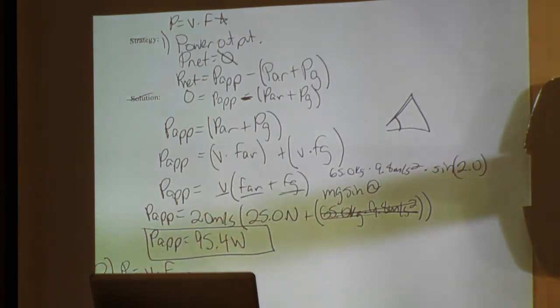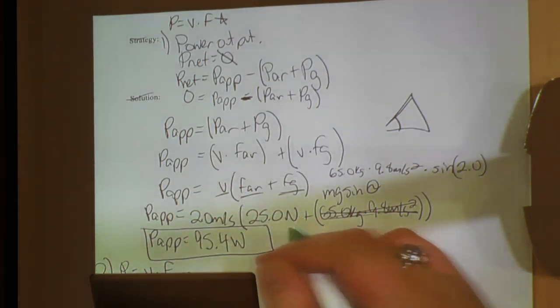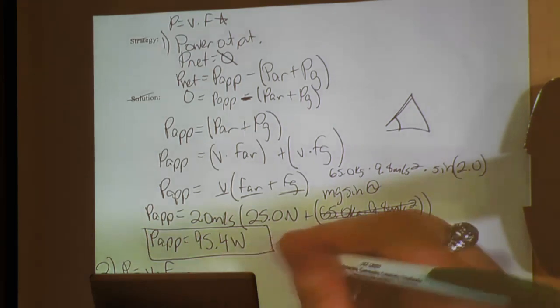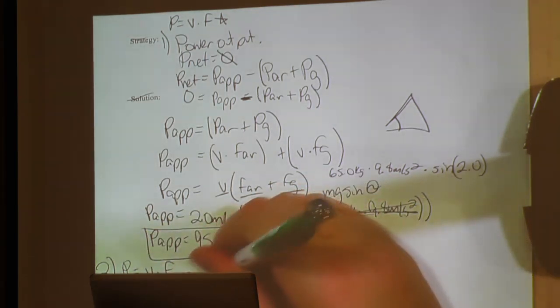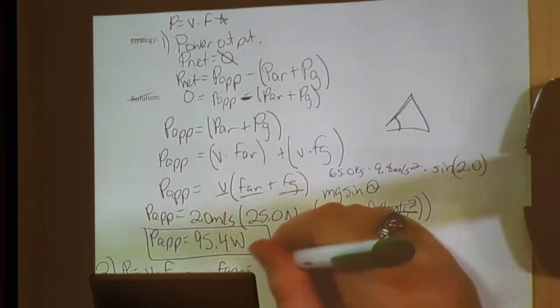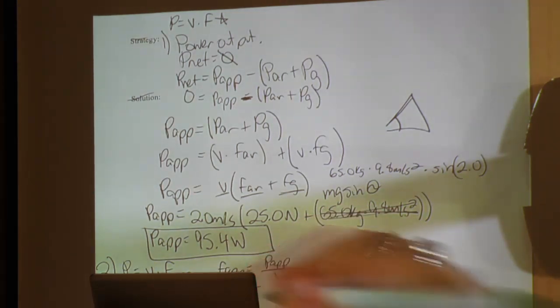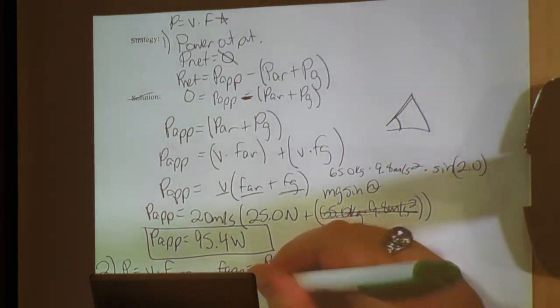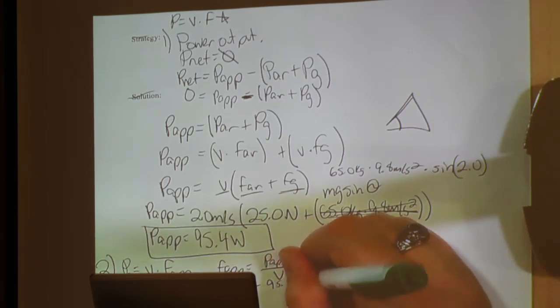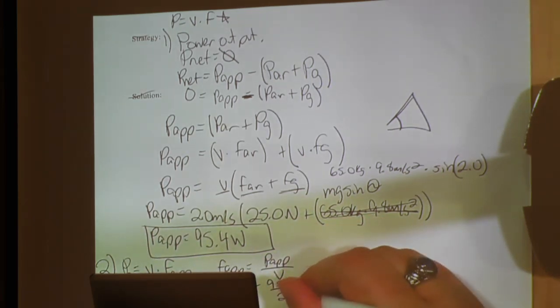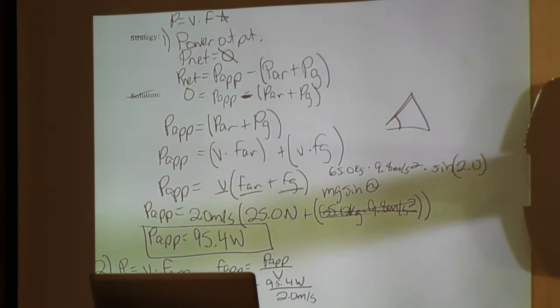Just rewrite the equation and solve, right? Looking for force applied, so force applied is equal to power applied over velocity. Force applied is equal to 95.4 watts over 2.0 meters per second.